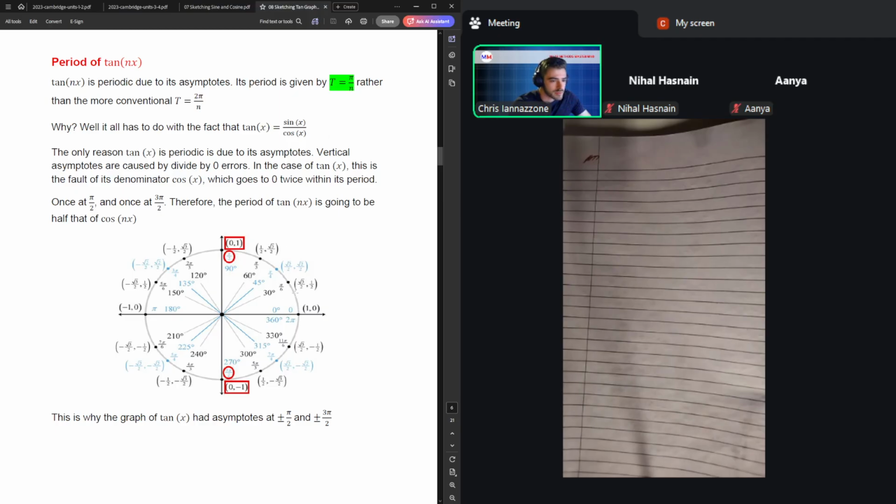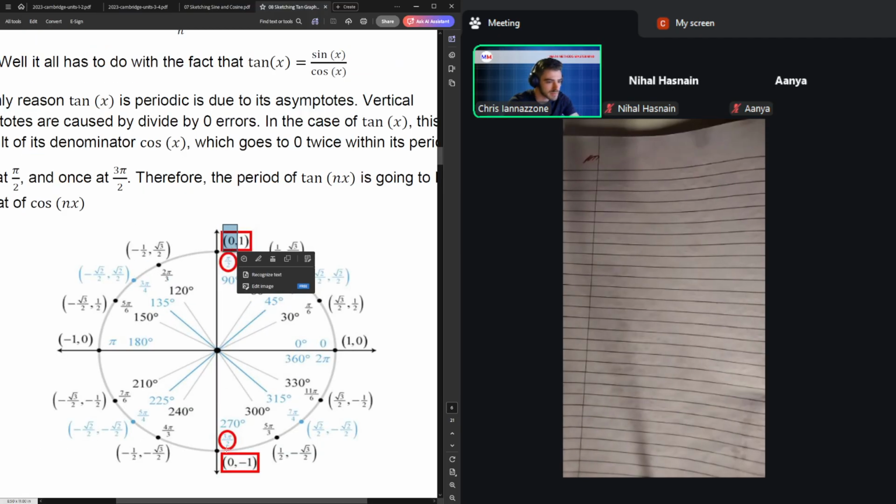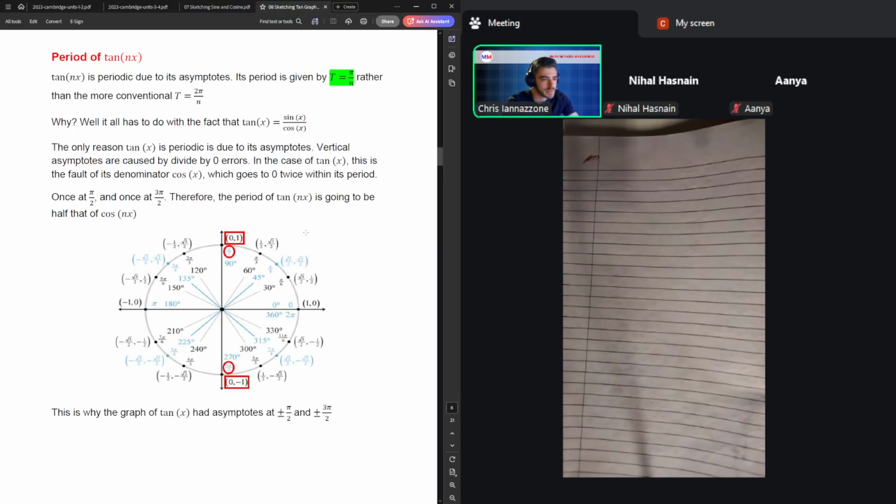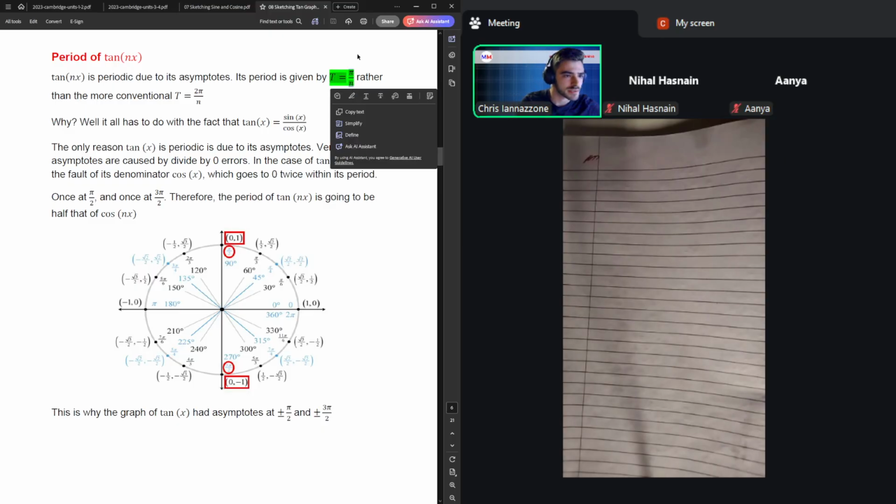And so for every 1 revolution around the unit circle, there are 2 spots where cos will go to 0, cos being the x value here. So x value of 0 occurs twice within the unit circle, which is why you're essentially repeating in half the time that the other circular functions were repeating. Is that fair enough why we're getting pi over n here in this case?